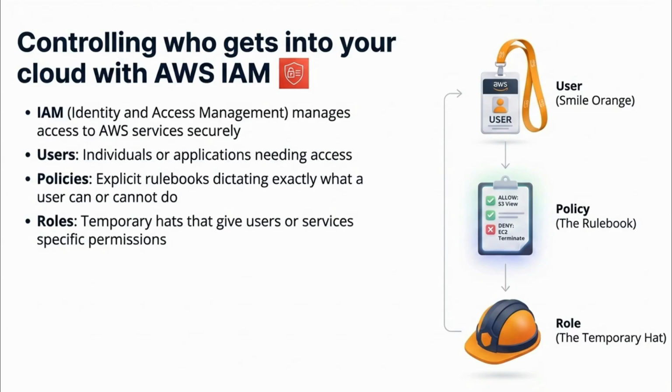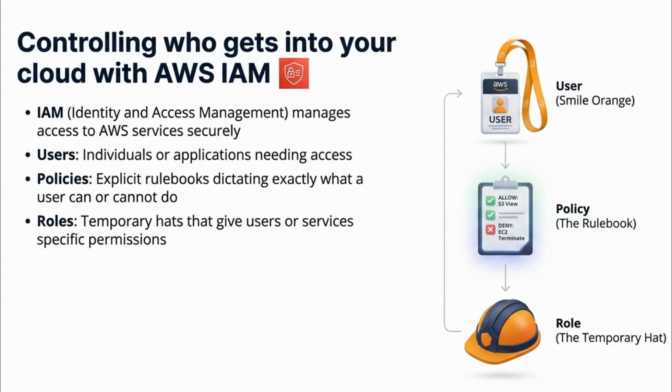For example, let's say a user named John can view the S3 bucket, but he cannot delete it. You can also use roles, which are like temporary visitor badges. They are what AWS services use to talk to each other securely.